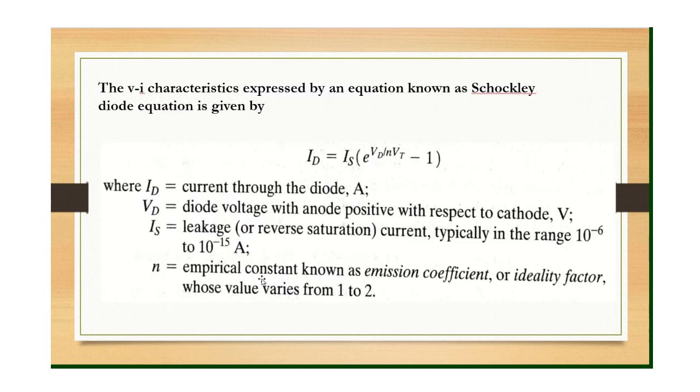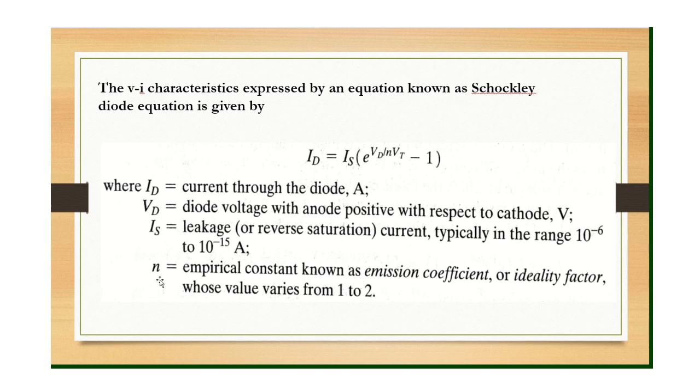Then the VI characteristics can be expressed by the Shockley diode equation, which you are already familiar with. ID is given by Is into e to the power of Vd by eta Vt minus 1, where ID is the diode current, Vd is the diode voltage with anode positive with respect to cathode, and Is is the leakage current, typically in terms of micro or milliamperes.